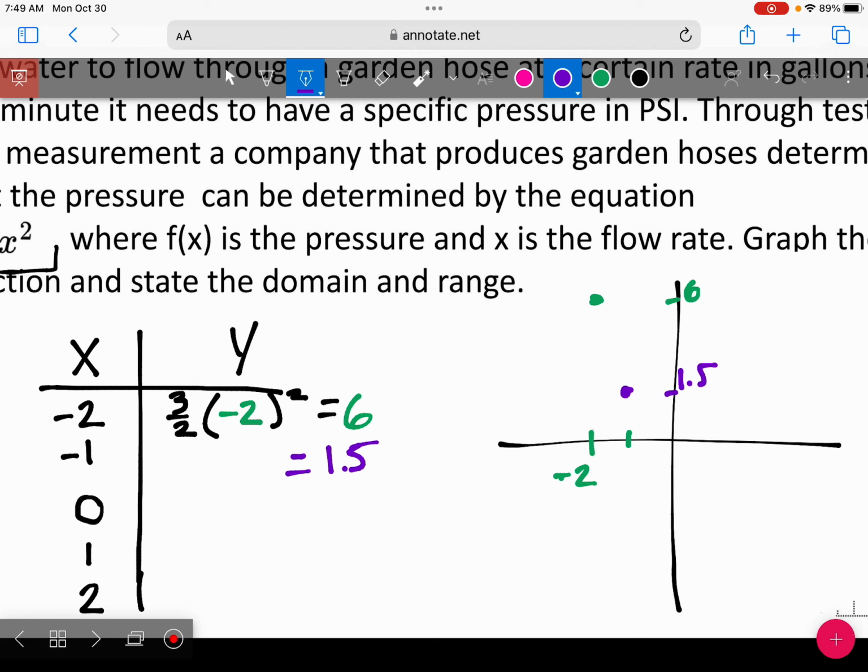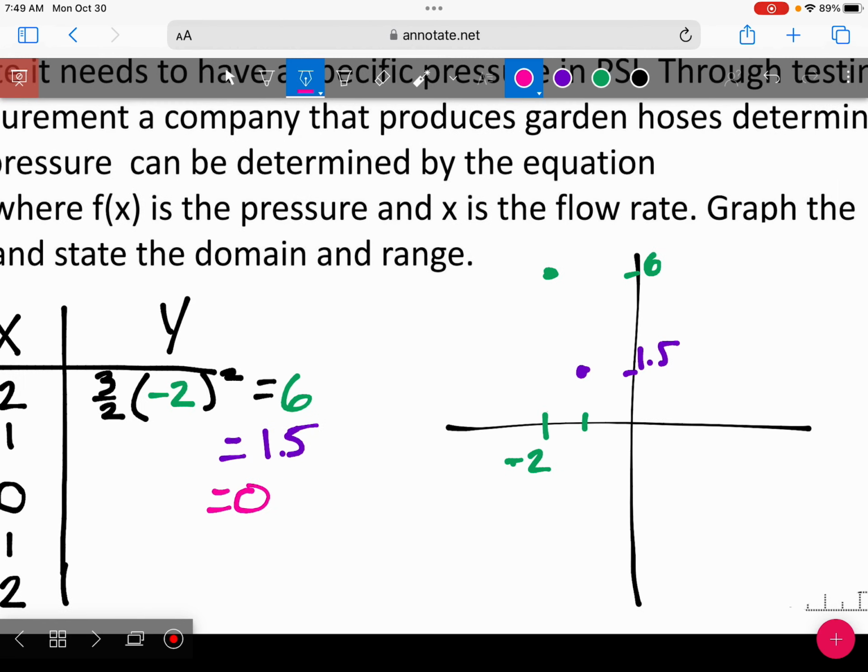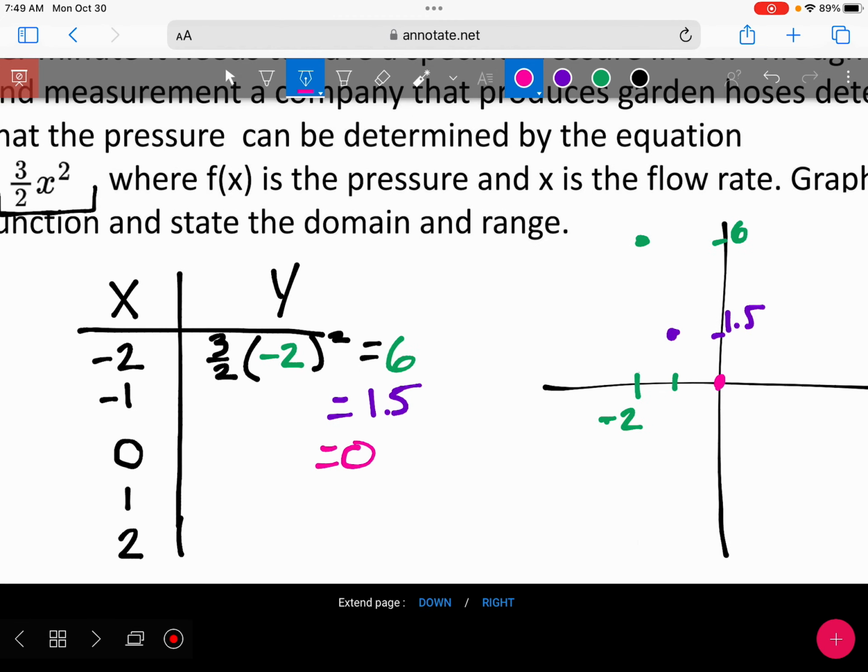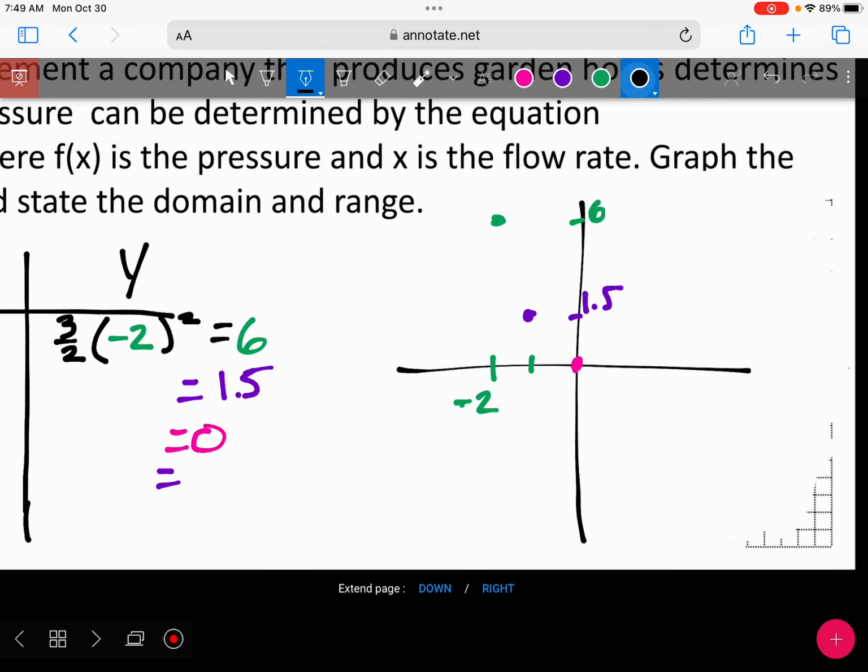What happens when we substitute in 0? We get 0, because there's nothing added or subtracted on the end. 3/2 times 0 is 0. What do we get when we substitute in 1? 1.5.